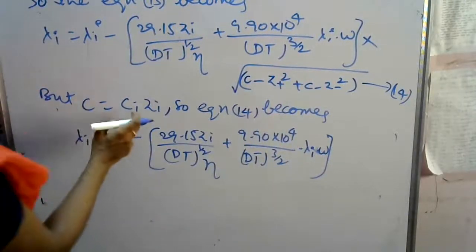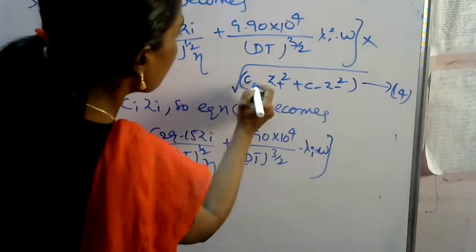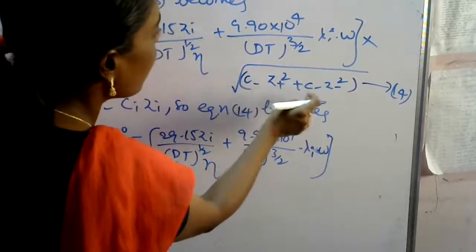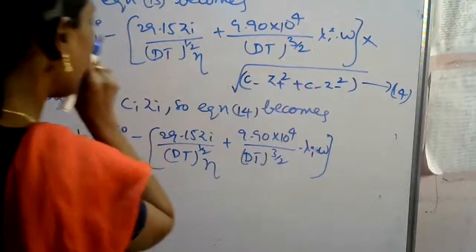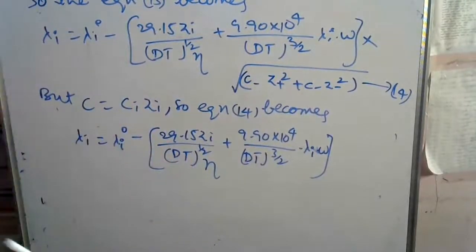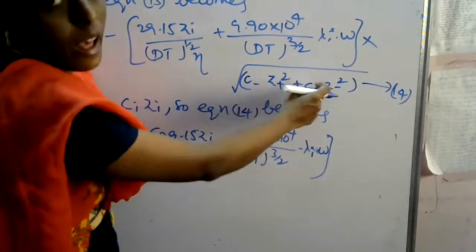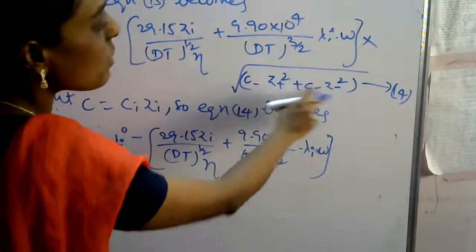C, we have Ci here, this is C plus Z plus square, C minus Z minus square, meaning charges of cations and anions. Okay, we have to do the squares.